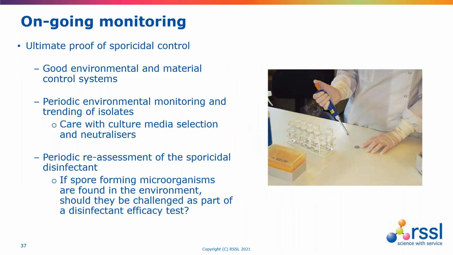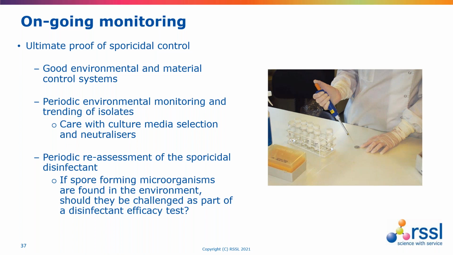But the ultimate proof of sporicidal control is with environmental monitoring and also the control systems we have in place for getting materials and people into the facility. It's good practice to regularly screen the microorganisms found for environmental monitoring, to trend the isolates, and if atypical organisms or unknown spore formers are being recovered, just go back and re-challenge those disinfectants with that.